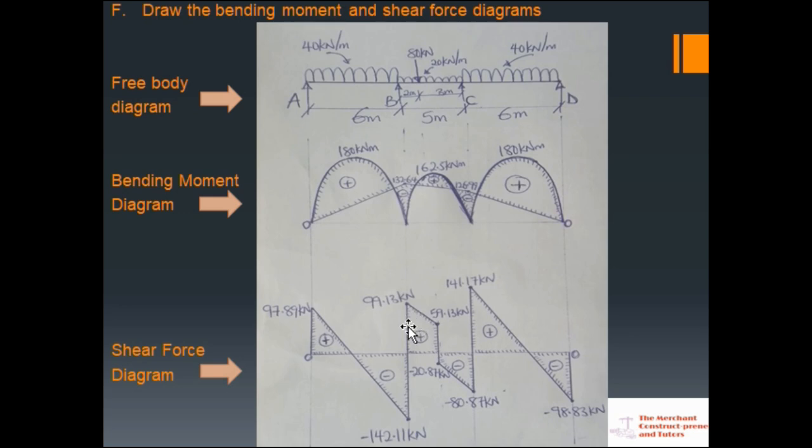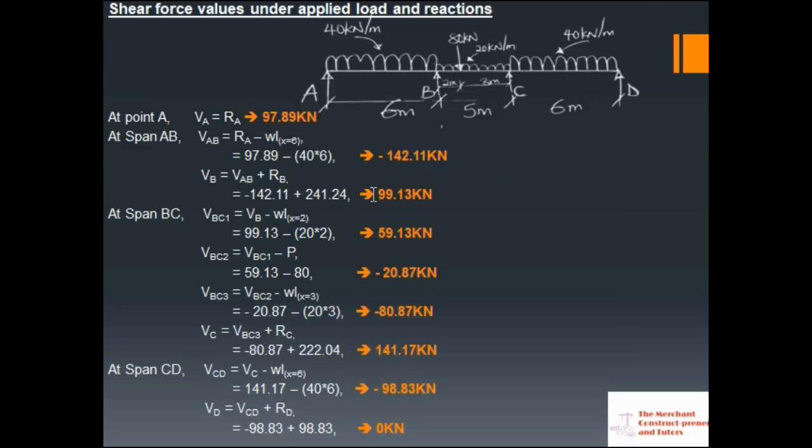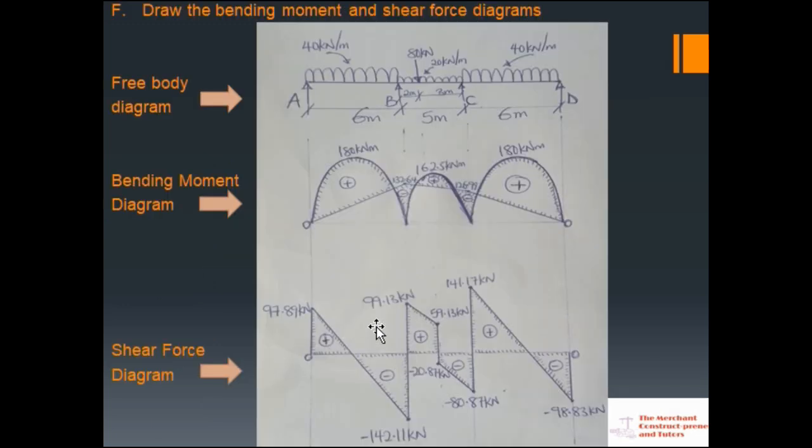The reason why it's going up is that up is positive, down is negative. So 99.13 is positive. For this portion, 59.13 from BC. As it's still positive, 59.13. Then coming down, 20.87, down to this portion, up here, down, and 0.